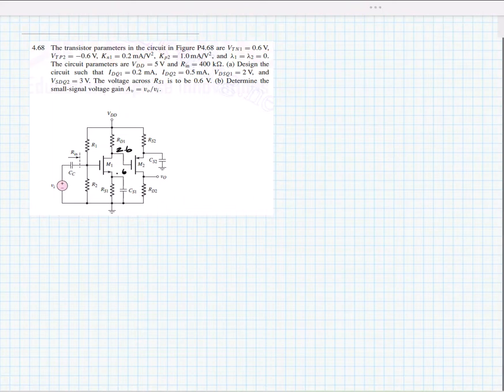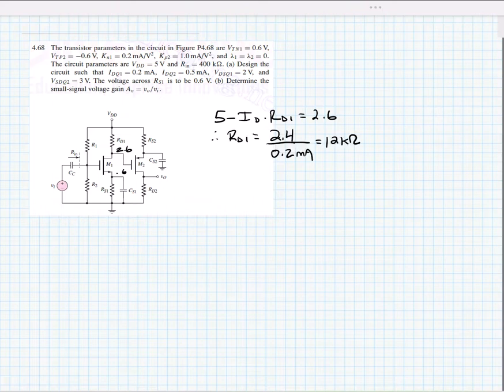From this, we can then find the value for RD1 by writing a KVL expression. It also tells us that it wants ID Q1 to be 0.2 milliamps. This means that RD1 is equal to 12 kiloohms.